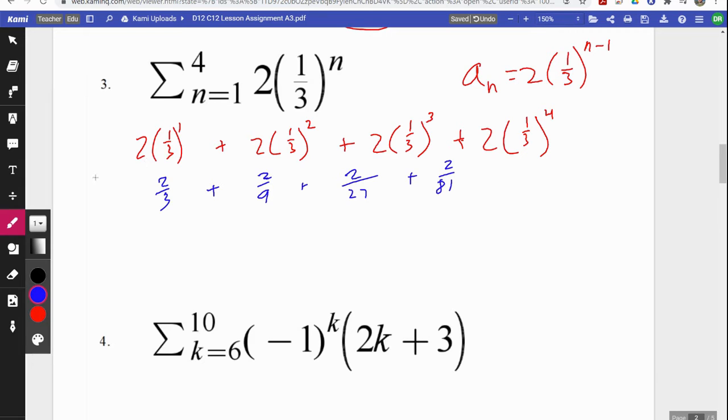In effect, this is my first term, and this is my last term. Whether it's called the first, n equals 1 or not, this for our intents and purposes is the first term. But it doesn't look like a geometric series yet, because our first term should just be 2.